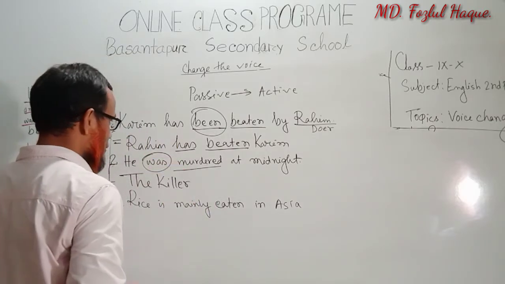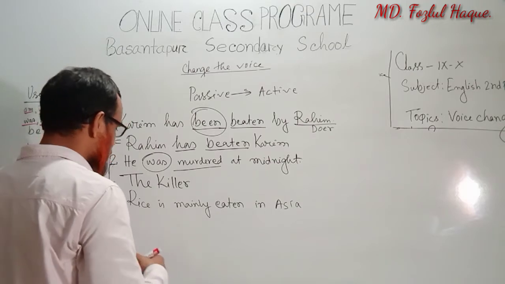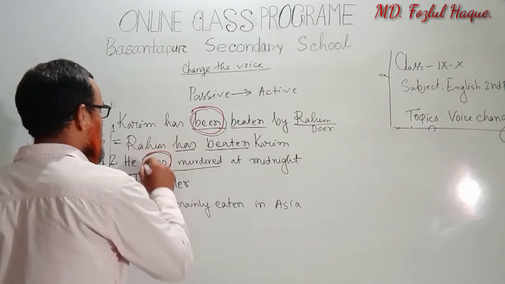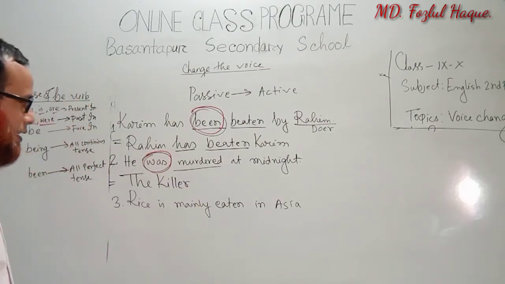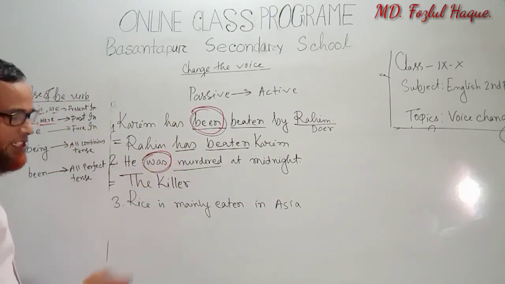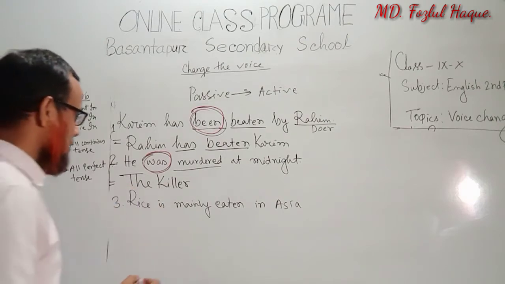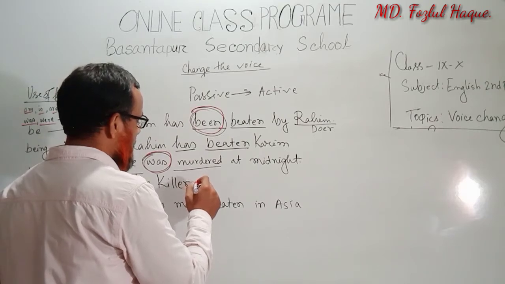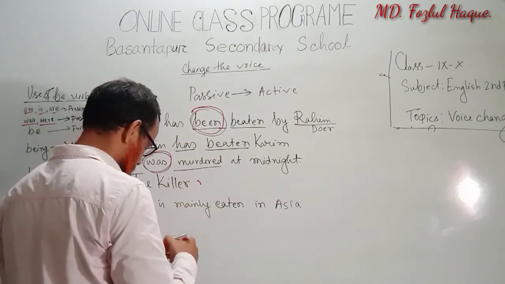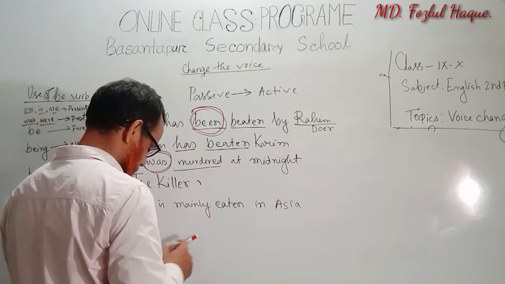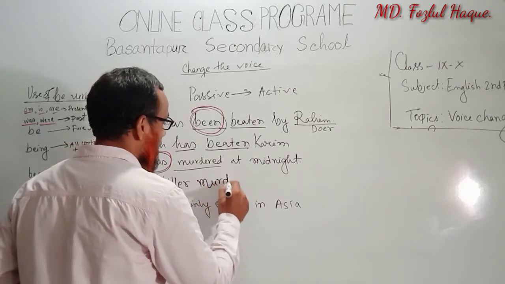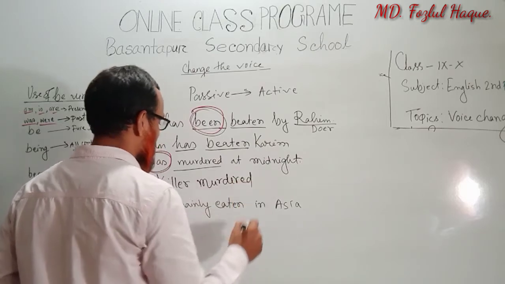Was is used. Here, look at the was; been was used before, now was is used. Was identifies that this is the passive form of past indefinite tense. So we come back to past indefinite tense. After the subject, we should take the verb in past form: murdered.